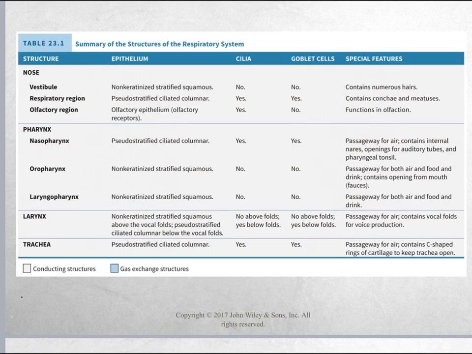Table 23.1 does a pretty good job of breaking apart everything we've talked about: structure, nose, pharynx, larynx, trachea, the type of epithelium we find in there, whether it has a modification of cilia or goblet cells, and what special features. For example, we see numerous hairs for filtration, conchae for making air turbulent, olfaction for smell.